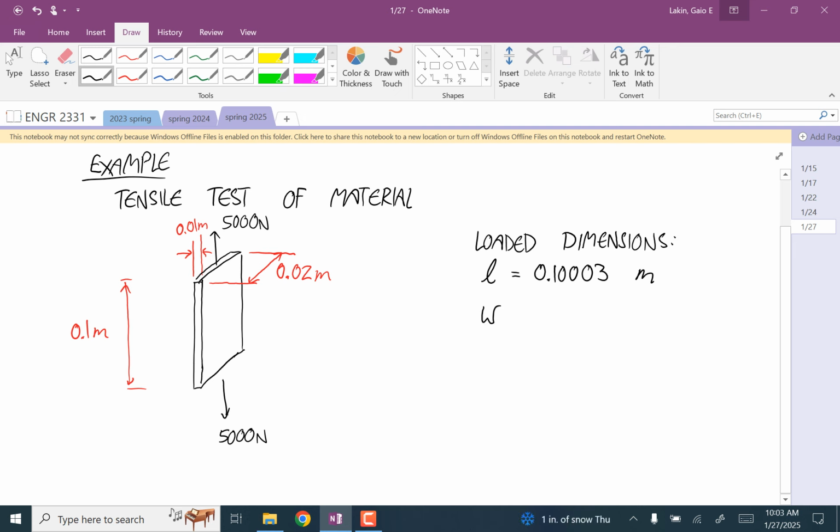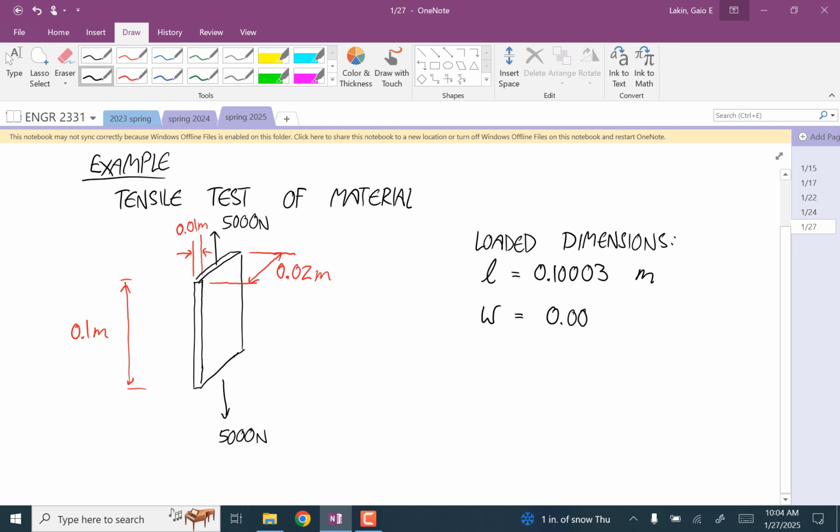Does it make sense that the length gets bigger in this tensile test? Okay, and what's going to happen to the width? That originally 0.02 meters, is that going to get bigger or smaller? Smaller, yep. Oh no, I guess I measured the other.